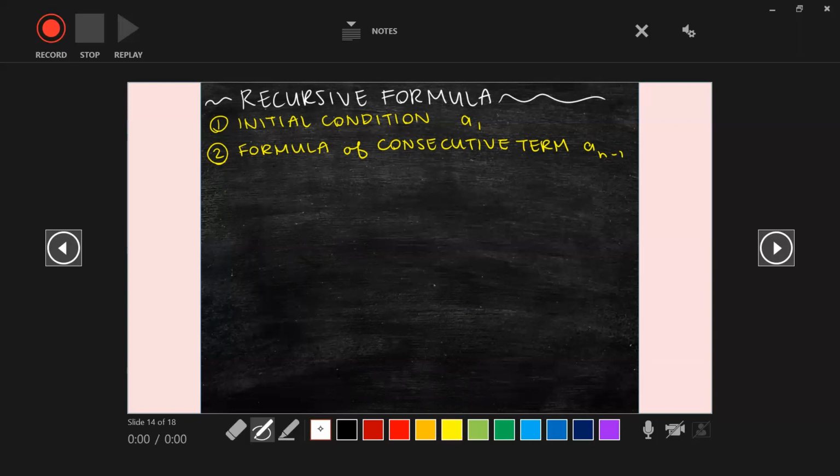So an example of this is if we have: find the first 5 terms in the sequence.